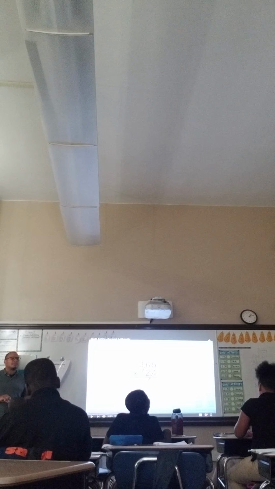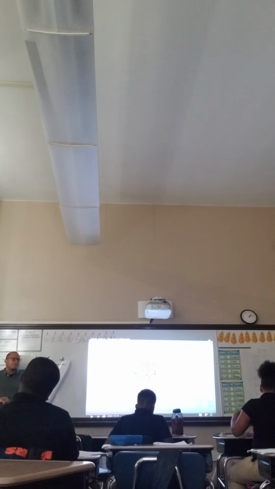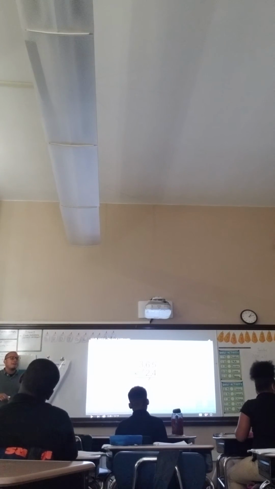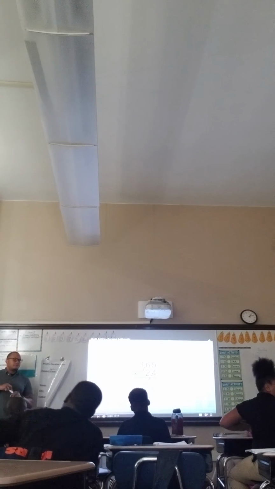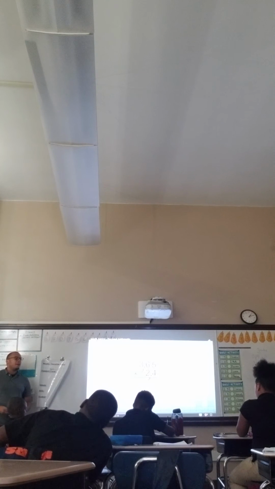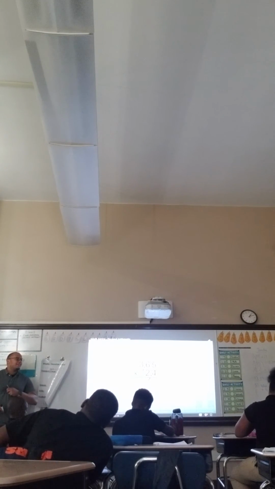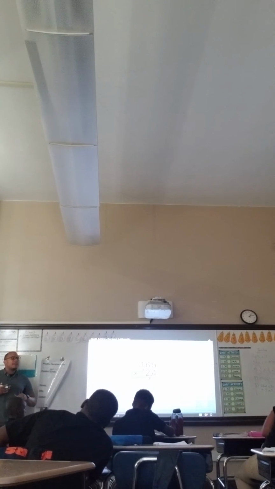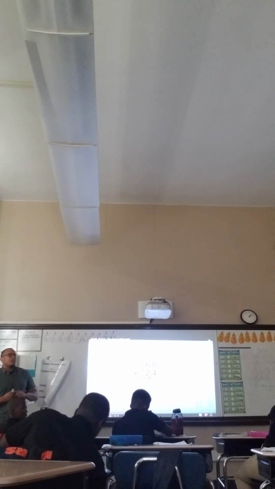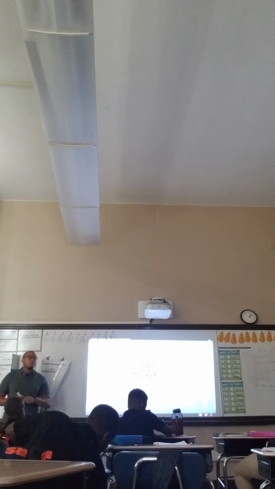On your test on Friday, I might ask you to explain. Hint: for those of you that aren't paying attention, I might ask you in a paragraph to explain this whole process.